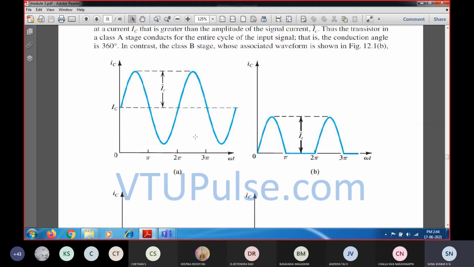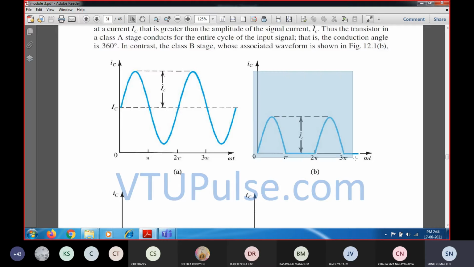For each class of amplifier we are going to perform the analysis and see which has more power efficiency, and what advantages and disadvantages each power amplifier stage has. The only thing is that the class A amplifier will give you a full-length output cycle.